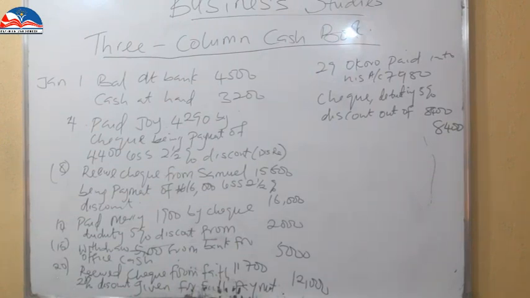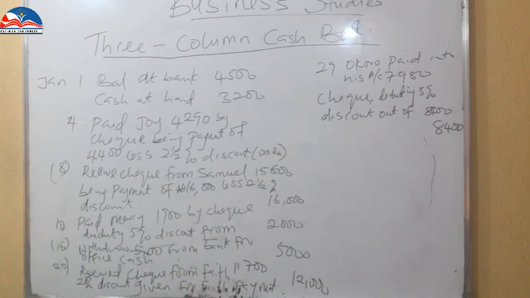Look at this question now. On the 4th, he paid Joy 4,290 by check, and this 4,290 is going to be less a discount of 2.5%, and it's going to be discount received. Remember, everything on the credit side is money going out of the business.